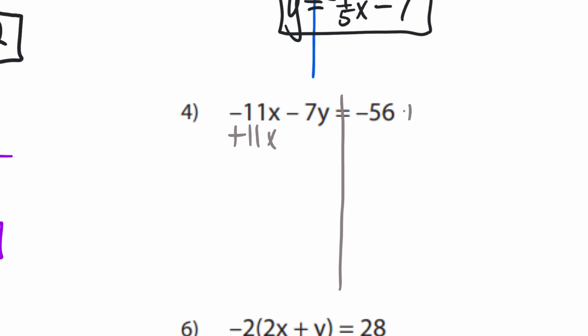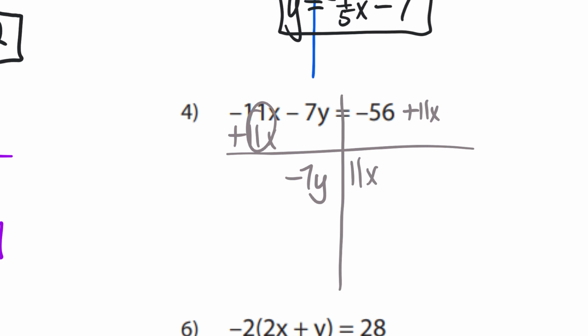Add 11x to both sides. That zeroes that out. We have negative 7y. I'm going to go ahead and rearrange that. Put the 11x first, negative 56 last.